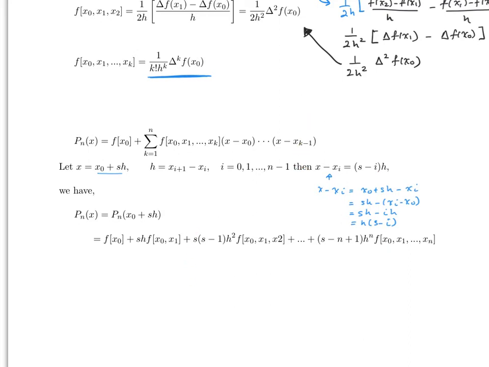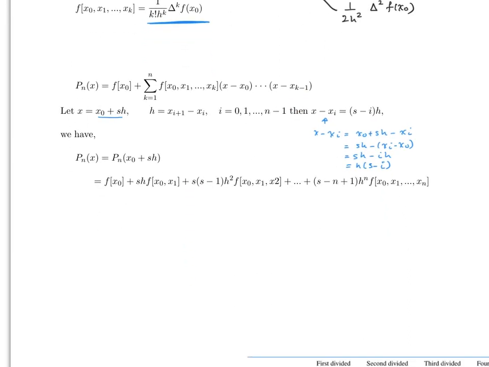Now, how do we get this formula? Well, let's look at the second term, which is this one. Remember, in the old formula, this should have been f of x0 x1 times x minus x0.